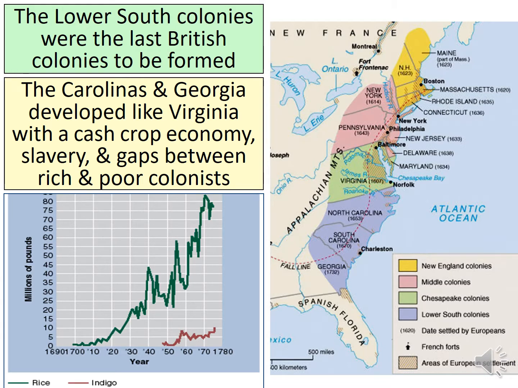But eventually England says we have to take this over and get control of it. So England basically takes control of the Carolinas, and they split it into North Carolina and South Carolina.